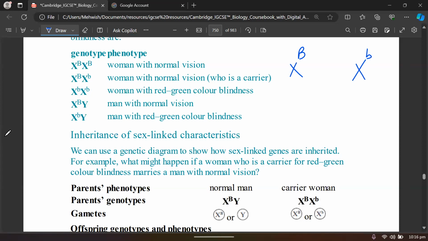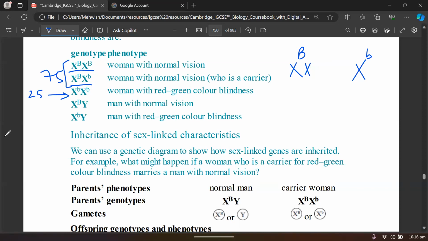So for a female to be colorblind, this female is normal, this female is also normal, this female would be colorblind, and 75% chances are there for the female to be normal, and 25% chances that the female would be colorblind.